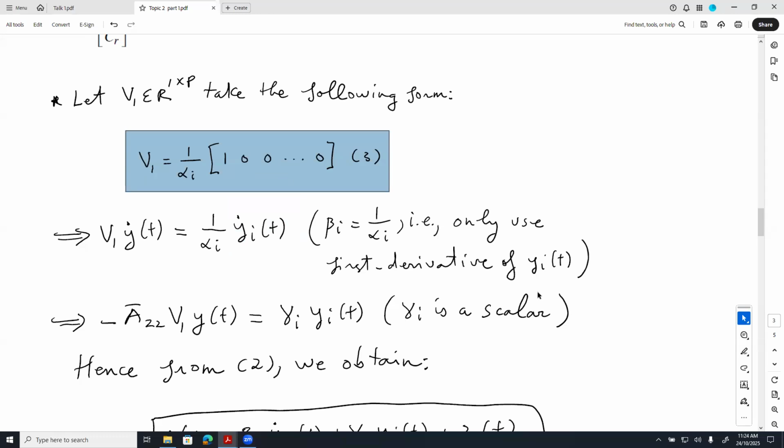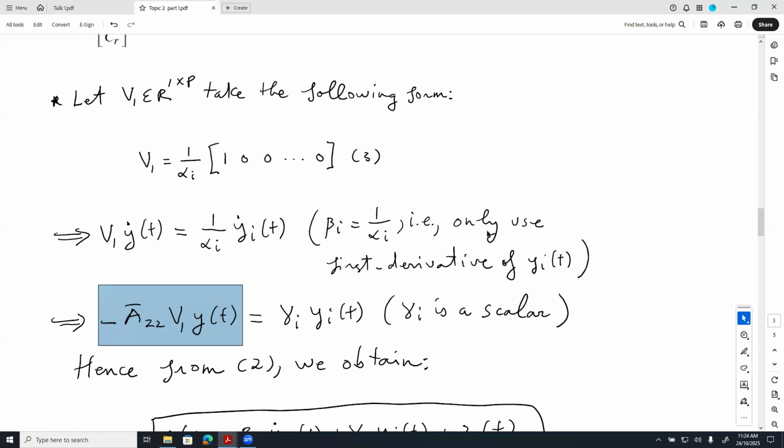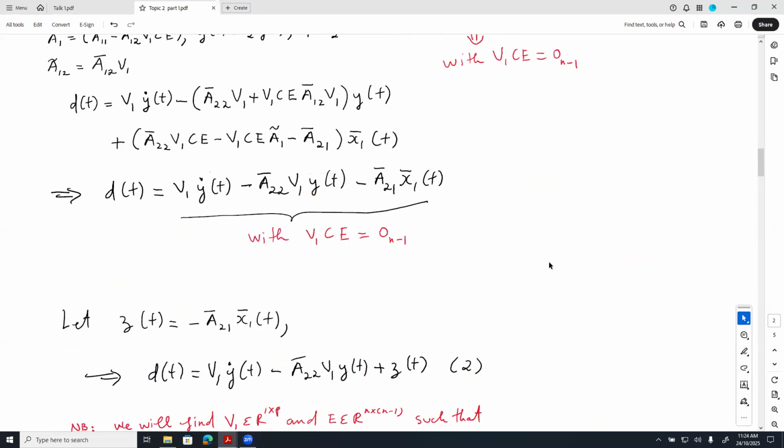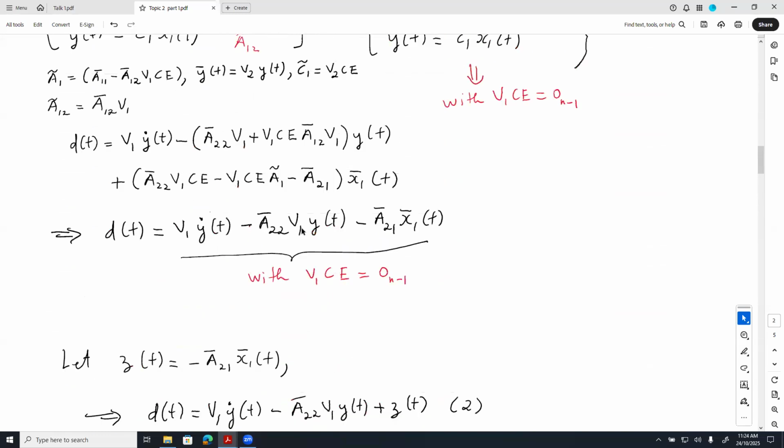All right, so that's the first significance of this structure for V1. And the other bit is when we focus on the term in here, which is the expression from here. Now, if V1 CE is 0, we're left with this expression.